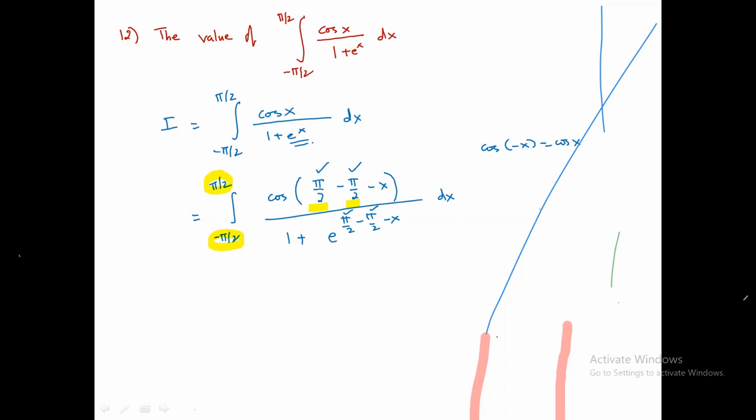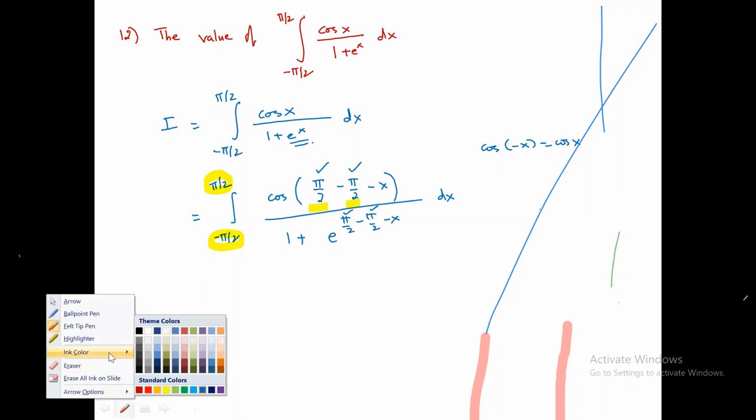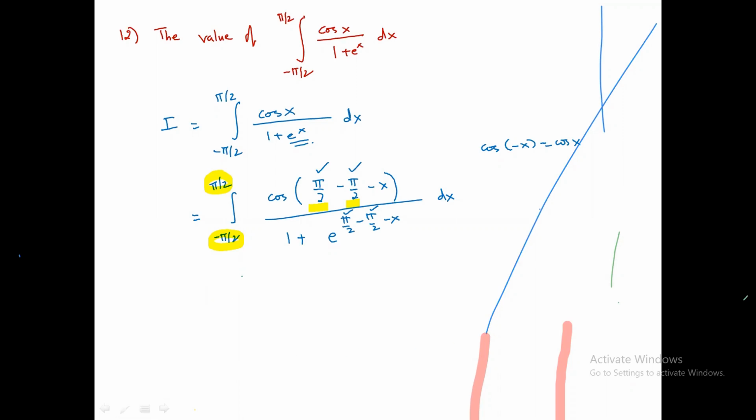So if you take this as a formula, when I have the integral from minus a to a of f of x dx, what I did in the function is use a and minus a, and I'm using minus x. That means I'm using f of minus x dx.